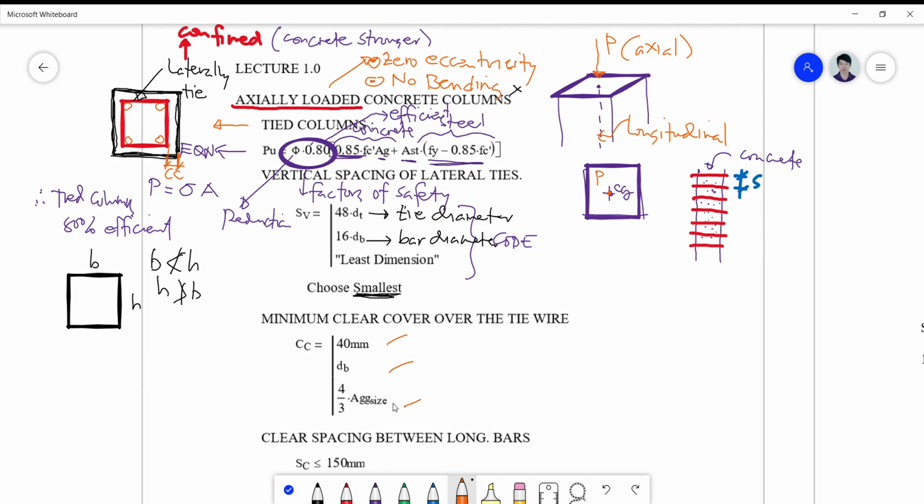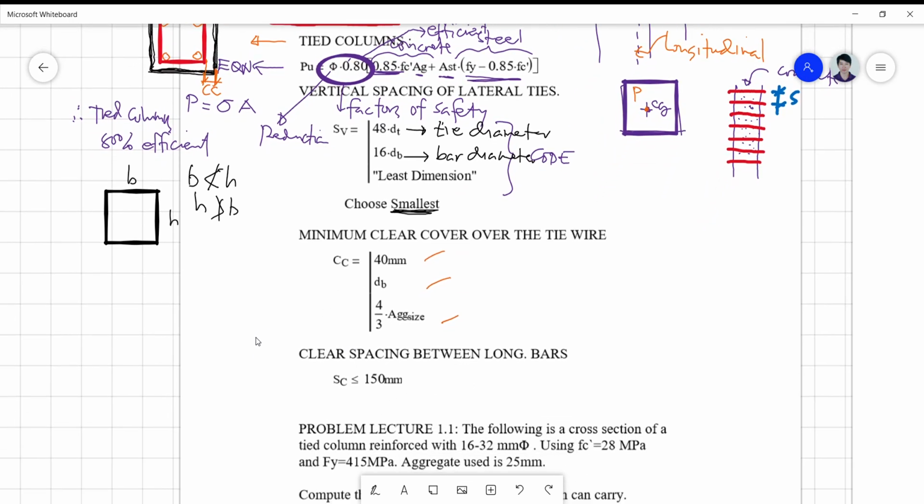Okay? So if I have these values, I simply choose what? You say minimum. Will you choose the smallest or the largest?